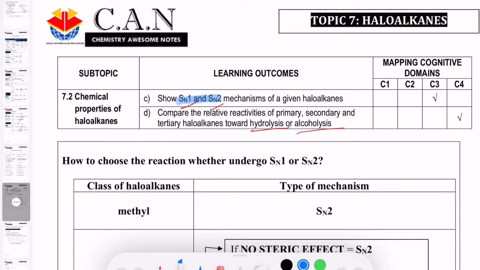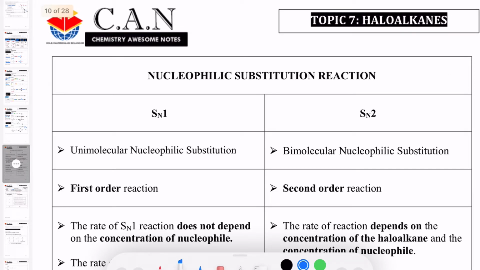So, before we proceed with the mechanism, let's see what is actually SN1 and SN2. Okay, so SN1 and SN2 is actually referring to the nucleophilic substitution reaction. So if you ask me, S is referring to the substitution and nucleophilic, and 1 and 2 ada sebab kenapa dia diberi nama 1 and 2.